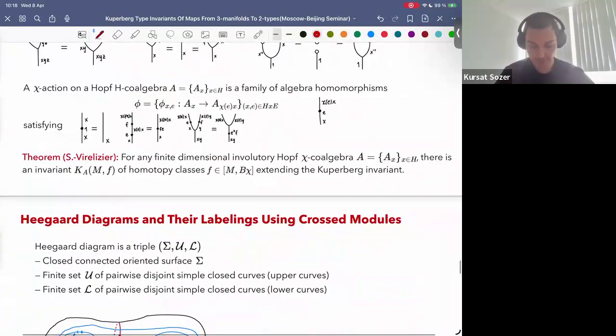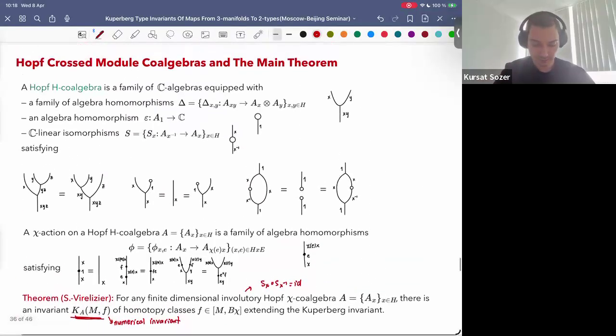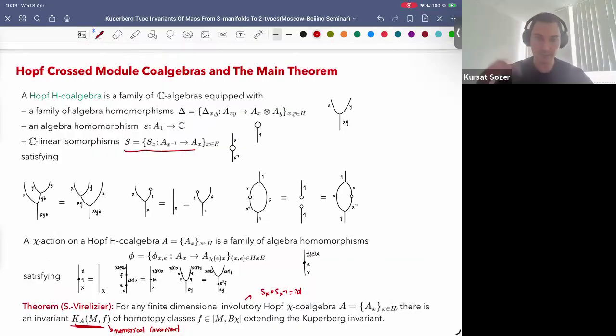And lastly, for a finite-dimensional involutory Hopf algebra, there is an invariant of homotopy classes extending the Kuperberg invariant. So this is again a numerical invariant. And involutory means that applying the antipode twice, with compatible boundaries, you get identity.